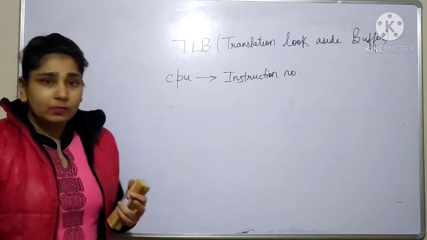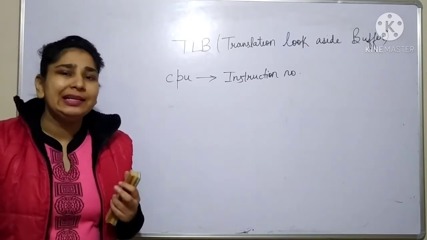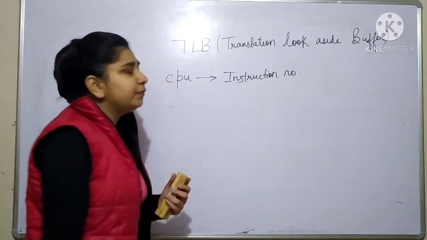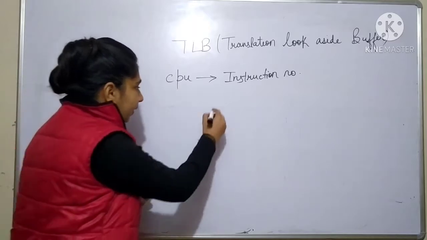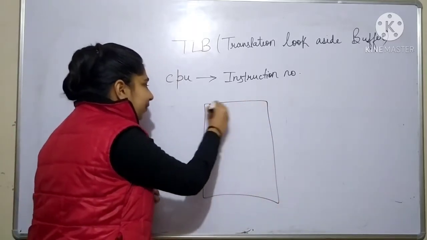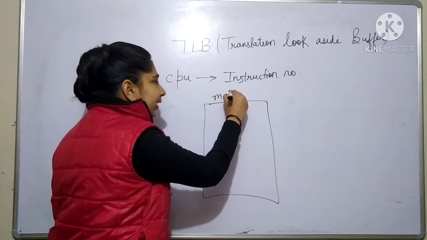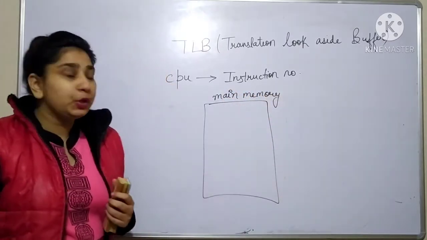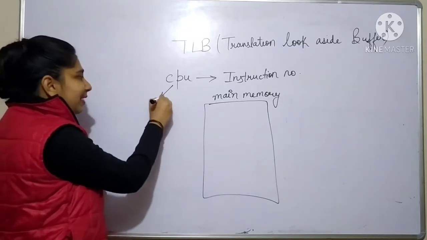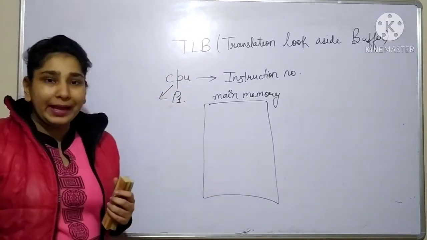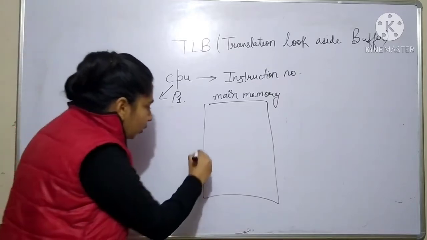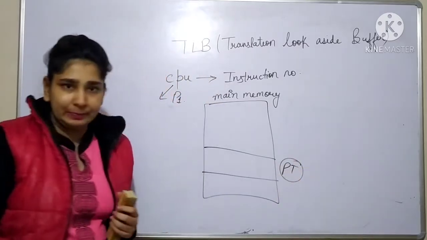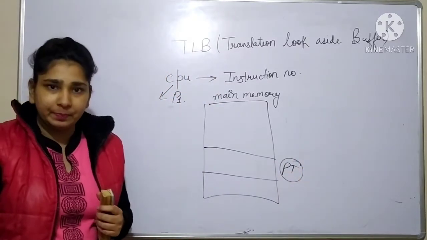So what we discussed in multi-level paging: if your CPU is requesting some instruction number, firstly we will go to main memory. Let's suppose your CPU is executing process P1. Then we will go to the page table of process P1.